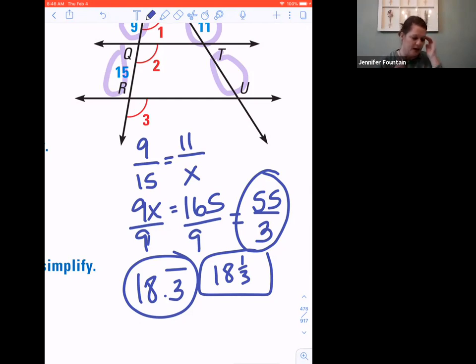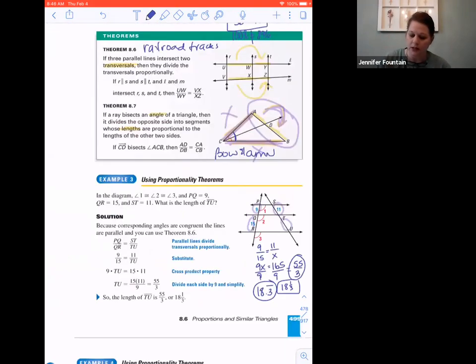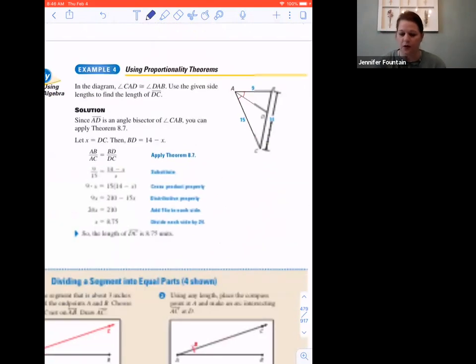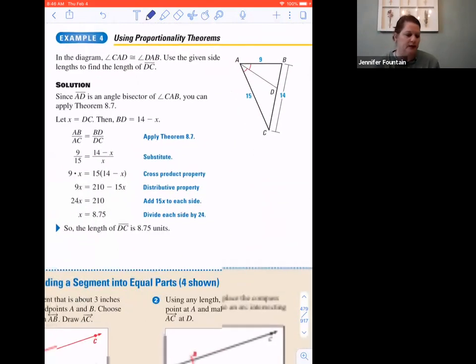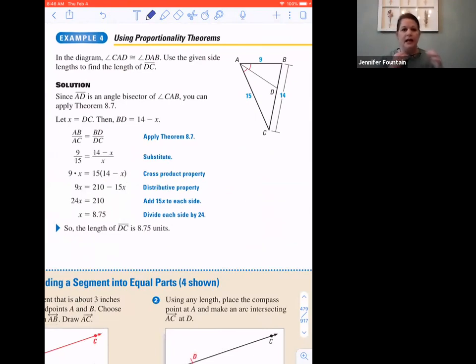All righty. So that is dealing with our theorem 8.6 on proportionality with 3 parallels, 2 transversals. Okay. Now we're going to look at the next one, example 4. This is going to be dealing with our other theorem where if a ray bisects an angle, then the opposite sides are going to be proportional to the 2 other sides.